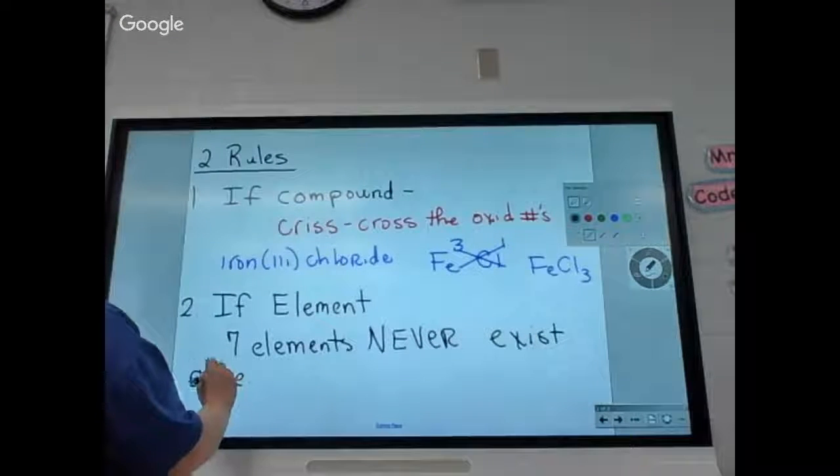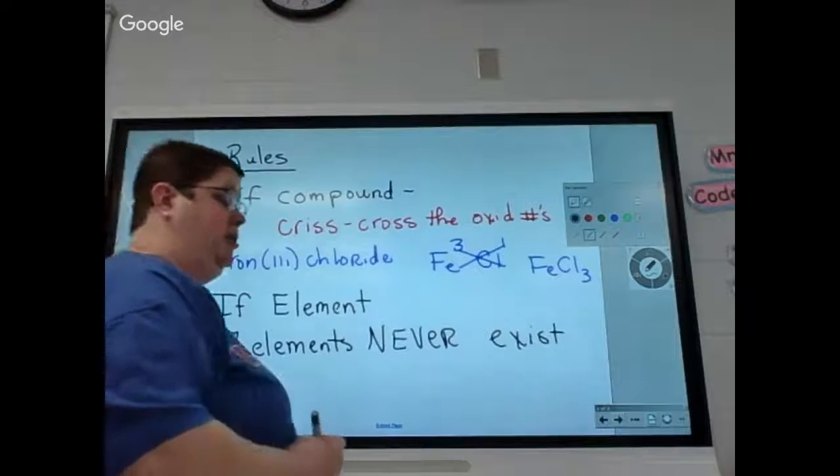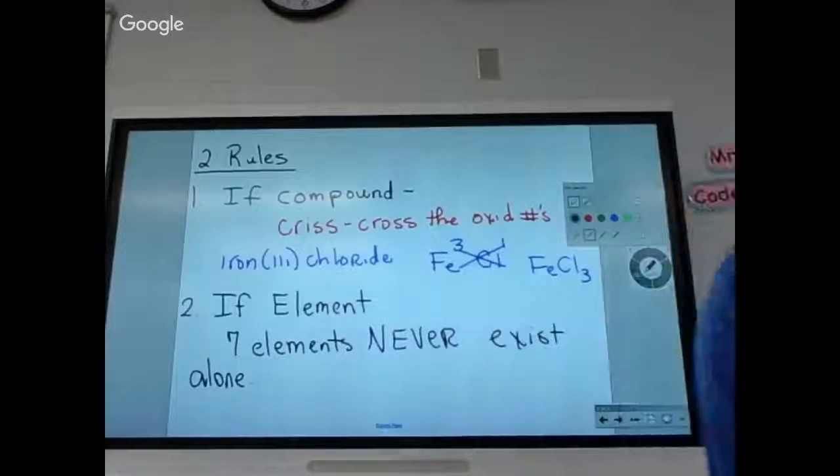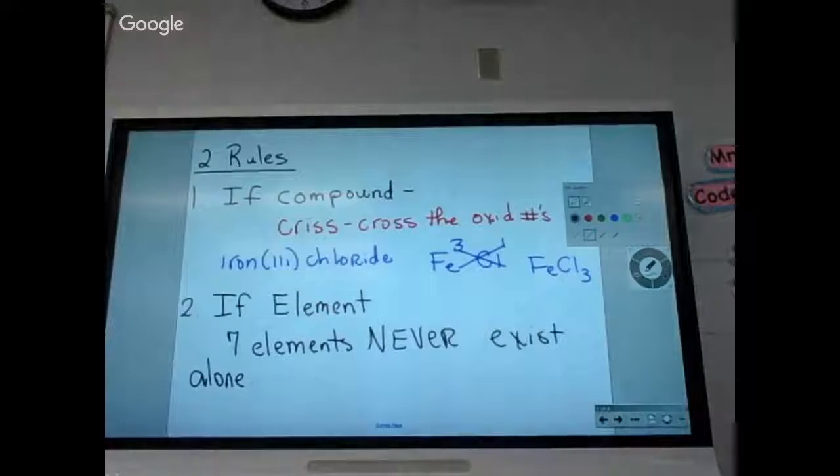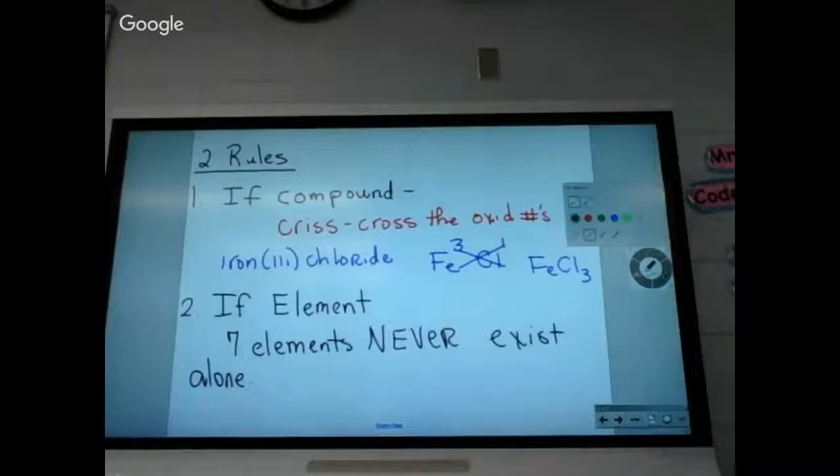We're going to talk about why when we get to talking about the atoms. Essentially, all atoms want 8 electrons in their outer shell. These elements can't get 8 electrons by themselves, and so they bond to another element of themselves.